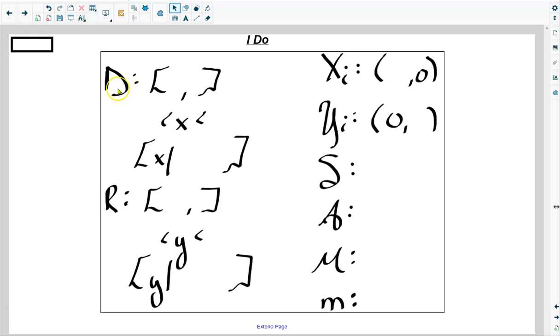So, again, when you describe domain, we've got to use interval notation, inequality, or set builder notation. Domain is X. Same thing with range, but it's dealing with Y. Then we've got our x-intercept and y-intercept.